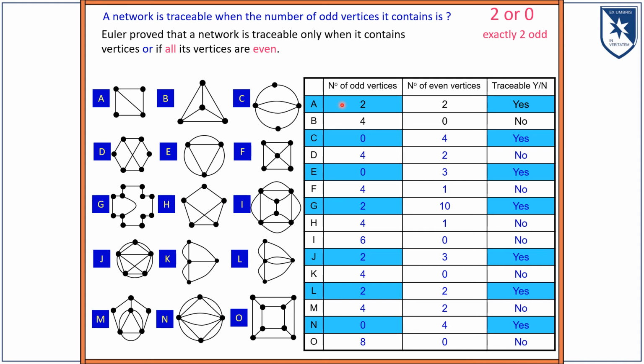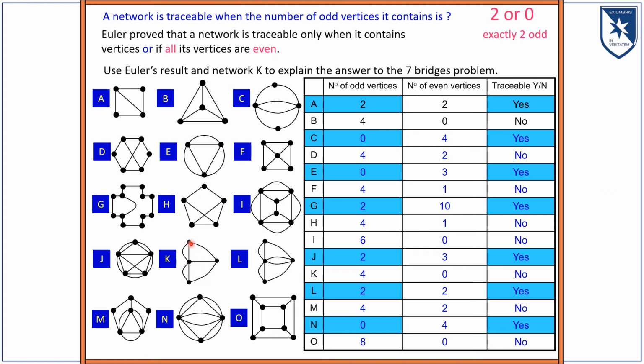And what we need to do now is to look at how he used this to solve the 7 bridges problem. So we should be able to use Euler's result and network K to explain the answer to the 7 bridges problem. This diagram represents what we saw in the 7 bridges problem.